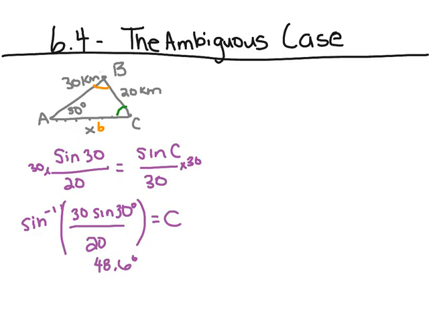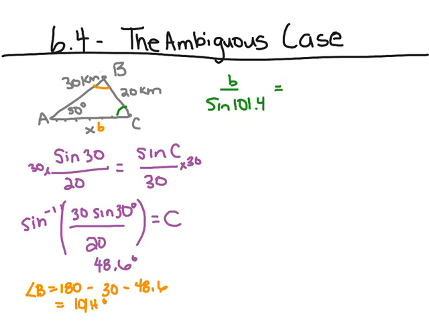We want to find angle B. So angle B is going to be 180 minus 30 degrees minus 48.6, and we get 101.4 degrees. So we have our angle B. Now we can find side B. So B over sine of 101.4 is equal to A, which is 20, over the sine of A, which is 30.